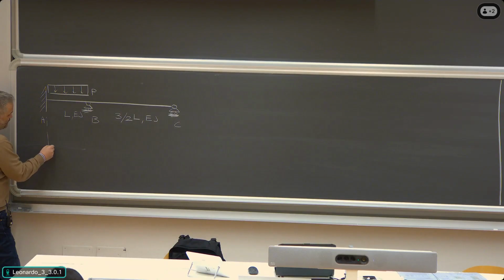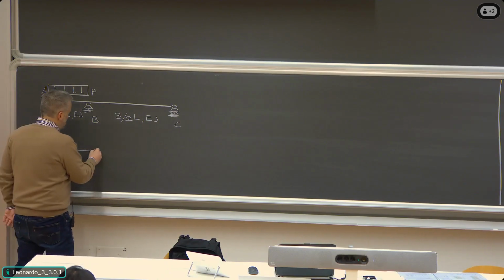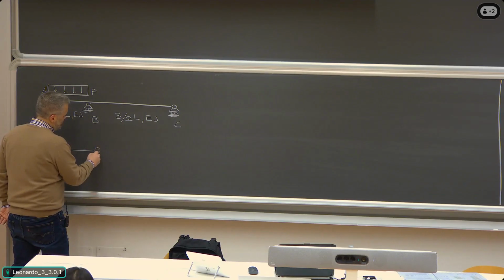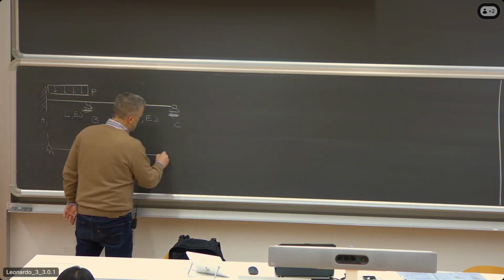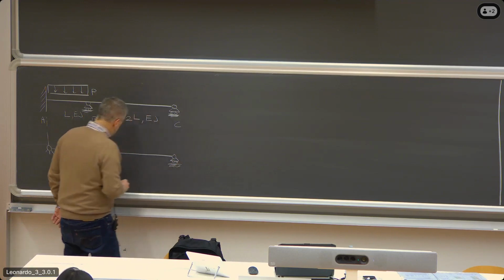You change the fixed end in A as a hinge. You transform the first intermediate support as a full hinge, like this, interrupting the continuity, and everything else is left as it is.